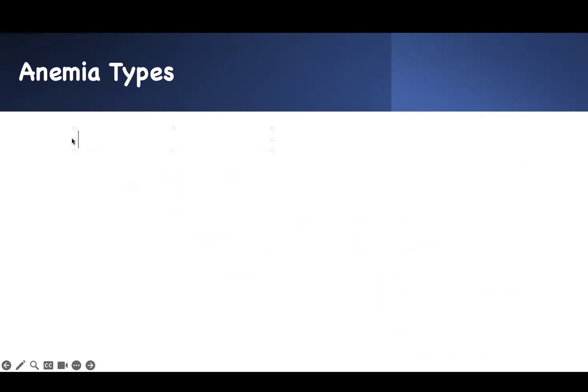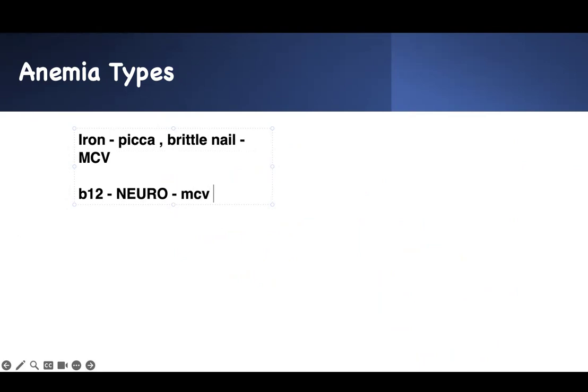So in summary, the best way to answer questions regarding that: if you hear about iron, think about pica or brittle nails, and you know this is a microcytic anemia. If you hear B12, think about neurological problems, and MCV is macro. So this is a macrocytic problem.